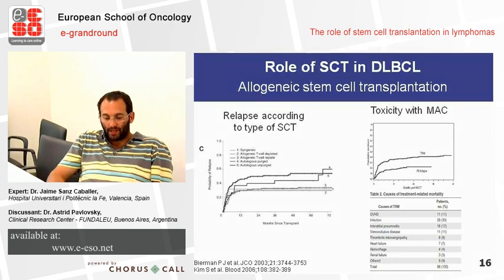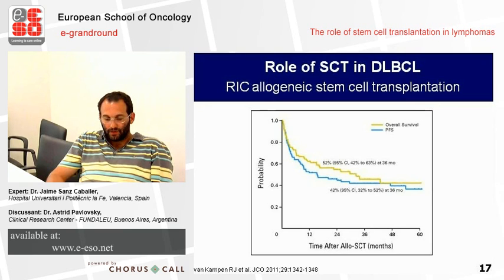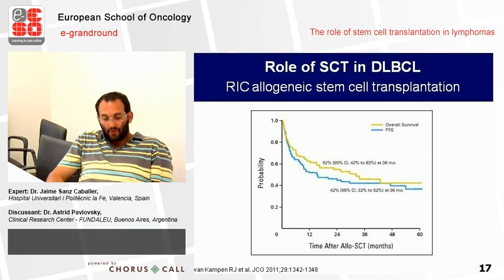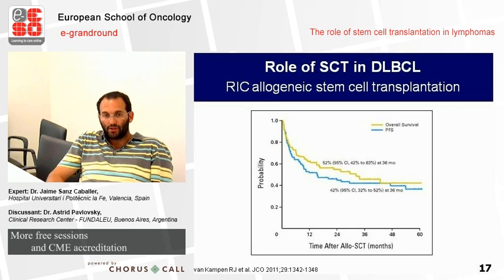Slide number 17. Currently, the major role of reduced intensity conditioning allogeneic stem cell transplant is in the treatment of patients who have failed an autograft or in whom an autograft is not possible.